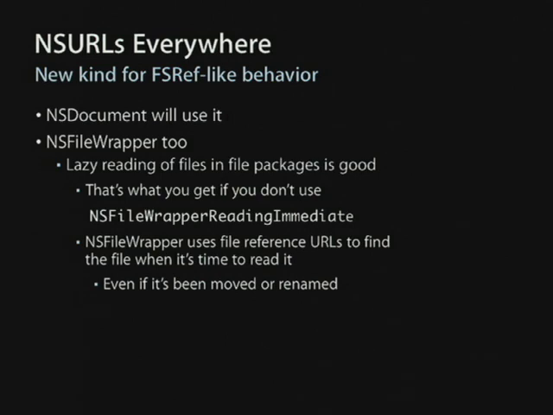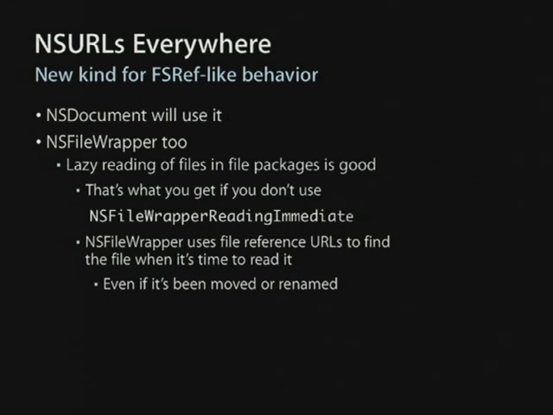I'm going to be talking about NSFileWrapper. One of the features we're adding in Snow Leopard is giving you explicit control over whether or not files and file packages are read in lazily or not, because usually that's a good thing to do. And if you just use the default options, you don't use NSFileWrapperReadingImmediate, that's what you get, lazy reading of the file.